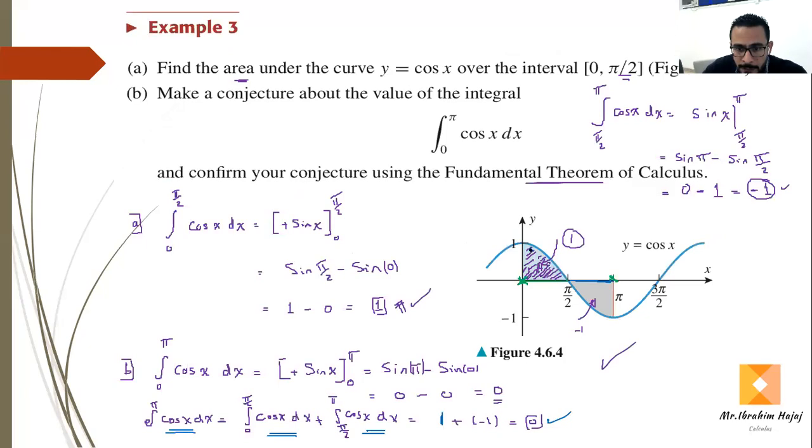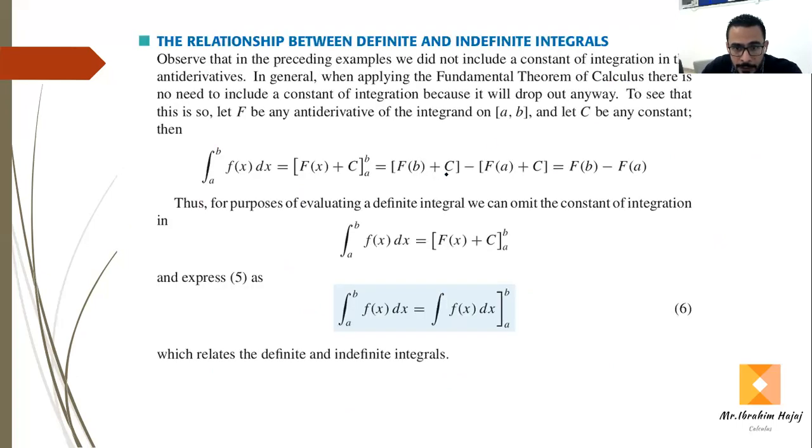As you see, guys, in the previous examples, all were without plus c. But in the indefinite integral, we should add c, which is the constant of integration. In general, when applying the fundamental theorem of calculus, there is no need to include a constant of integration, only because it will drop out anyway.